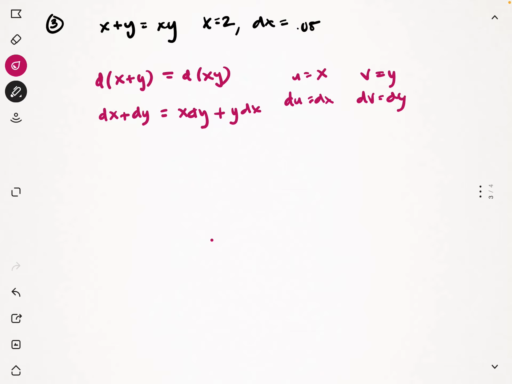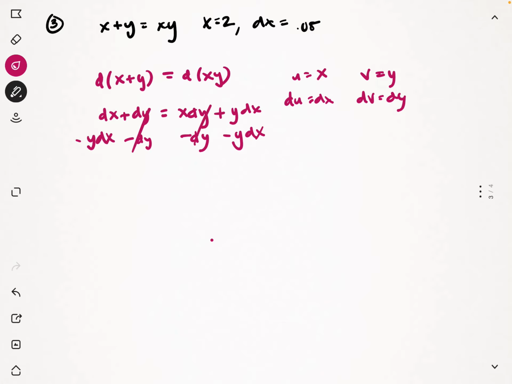Okay, so what we're going to have to do is solve this for dy. I guess it doesn't matter which one we move. Let's move our dy's to the right, and we'll move our dx to the left, minus y dx.